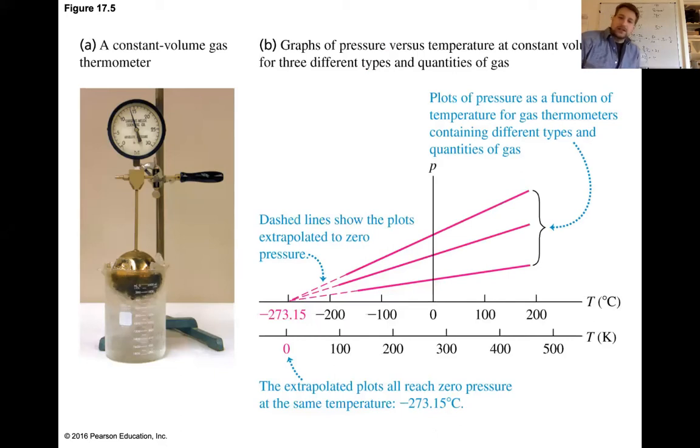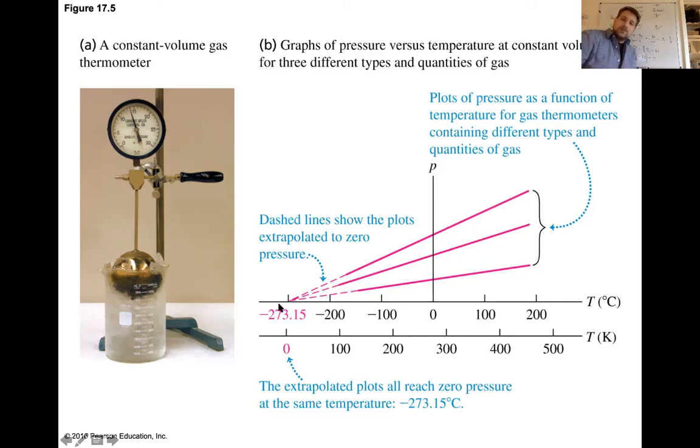And no matter what we did, the pressure increased as the temperature increased. But if we use different substances inside this canister, then those lines have a different intercept, right? If we're using hydrogen, oxygen, nitrogen, we get different intercepts on this curve, but they all increase, right?